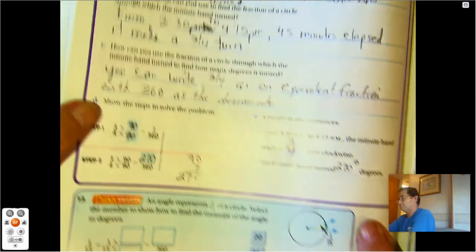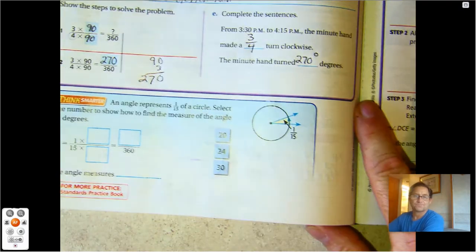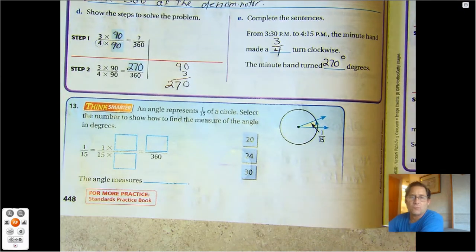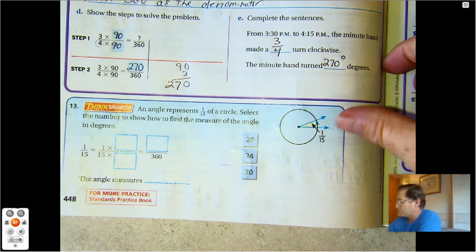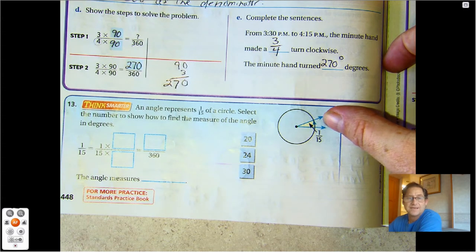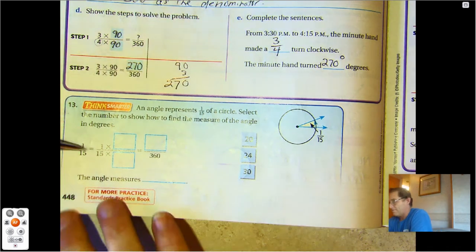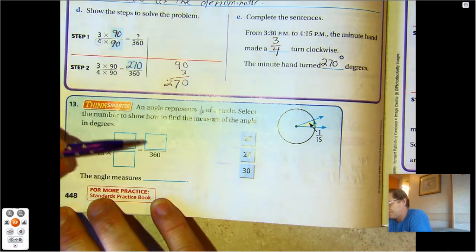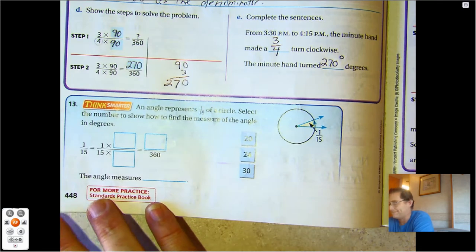Okay. And 13. An angle represents 1/15 of a circle. Select the number to show how to find the measure of the angle in degrees. All right, so 1/15. 15 times what is 360?